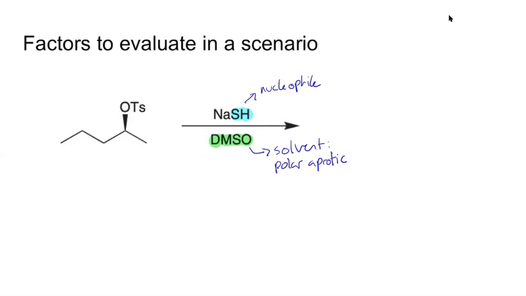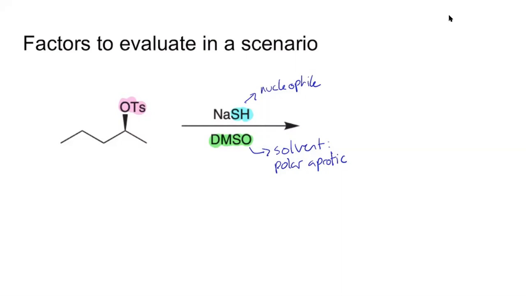Then we can look for more clues at our starting molecule, which is over here. On the starting molecule, there are 2 different clues that we can try to find. We can look at our leaving group, which here is OTS. And we can consider, is this leaving group going to be stable after it leaves the substrate?